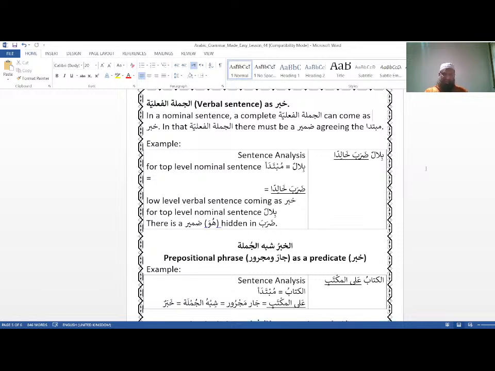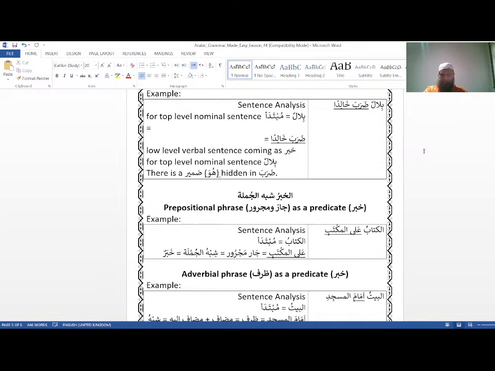That's why we call it shibhul jumla. So al-kitab is the mubtada, ala al-maktab, jar and majrur, becomes the shibhul jumla, and then becomes the khabar. The khabar coming as shibhul jumla, in our case, jar majrur. The book is on the desk. Place of writing, maktab.